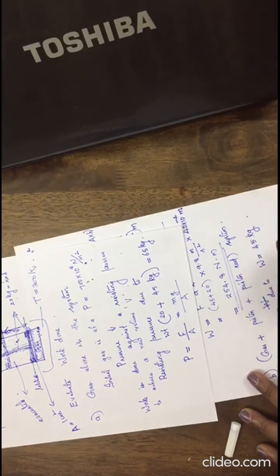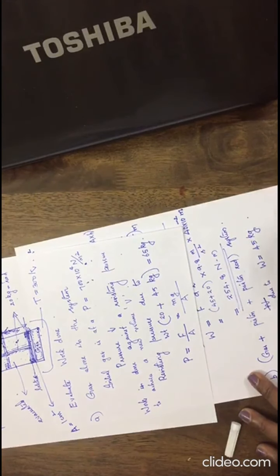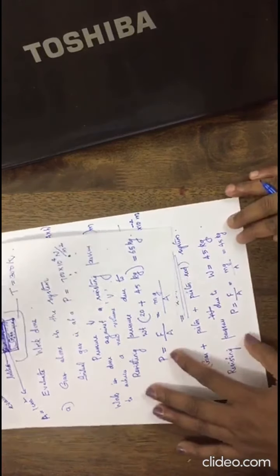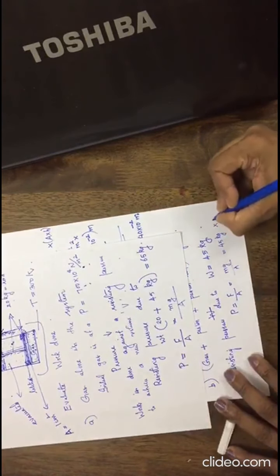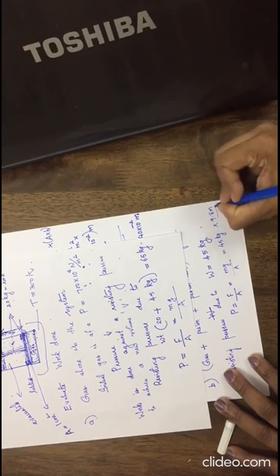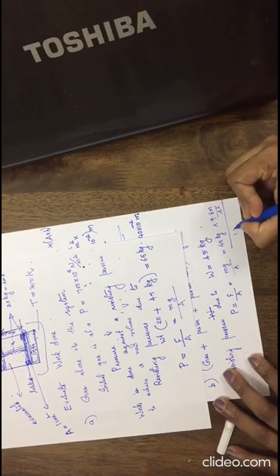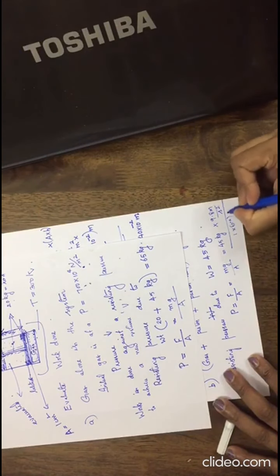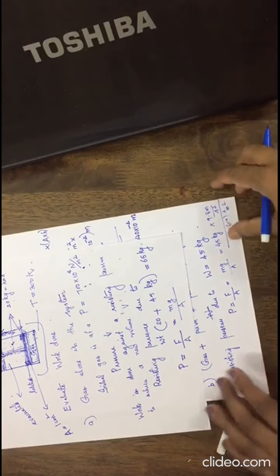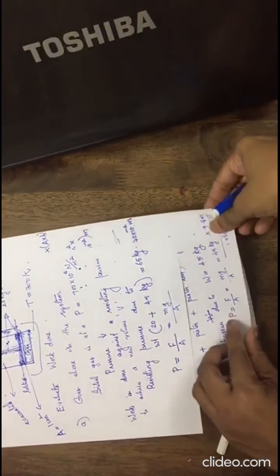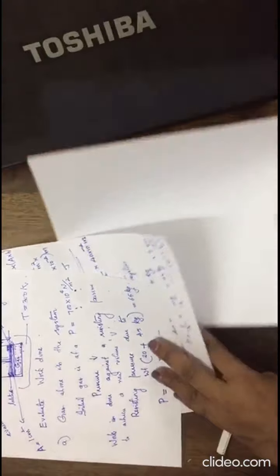That resisting pressure P is equal to, as we have already discussed, F by A, which is equal to mg by A, where M is 45 kilogram, g is 9.8 meter per second square, divided by A, which is 1 centimeter square, 1 into 10 power minus 2 the whole square. So what will be the pressure?